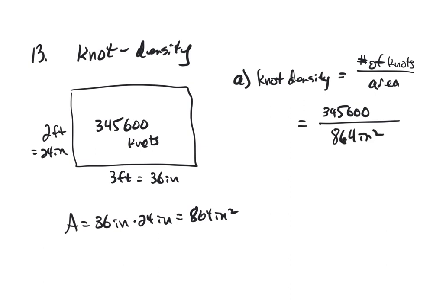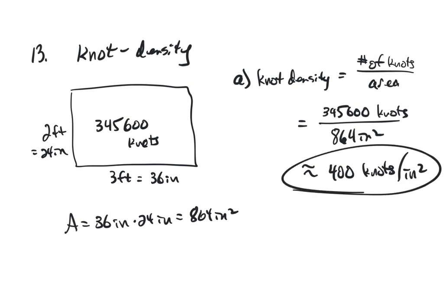Right? And when we do that division, 345,600 divided by 864, we get 400 knots per square inch. Right? So for letter A, that's the knot density for that first rug.